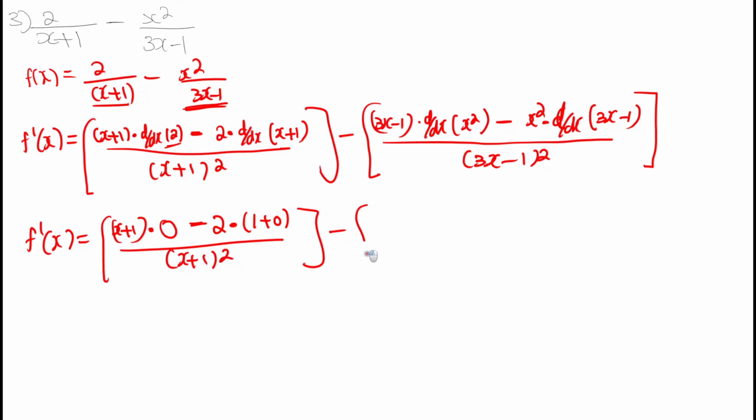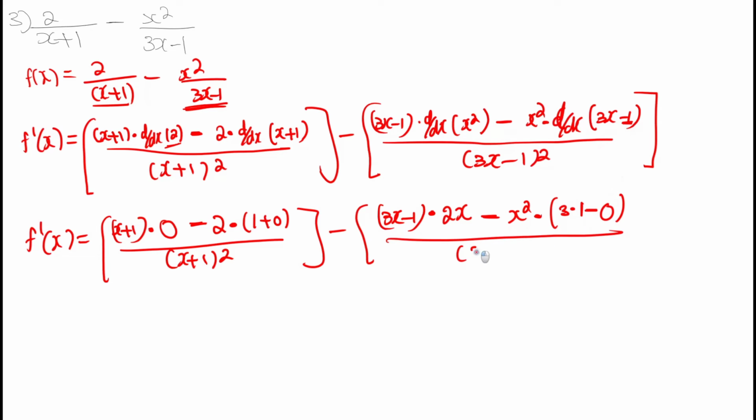That is the first term, minus 3x minus 1 into d by dx of x square, which is 2x, minus x square into d by dx of 3x minus 1, with 3 outside, the derivative of x is 1, minus only 1 is there, right? No x, so its derivative is 0, divided by 3x minus 1 whole square.